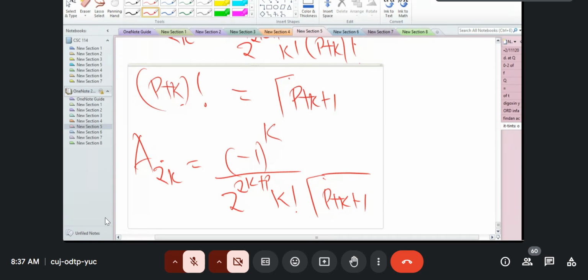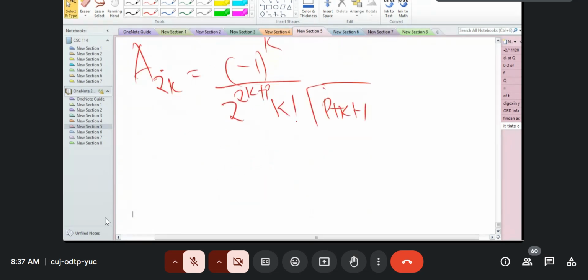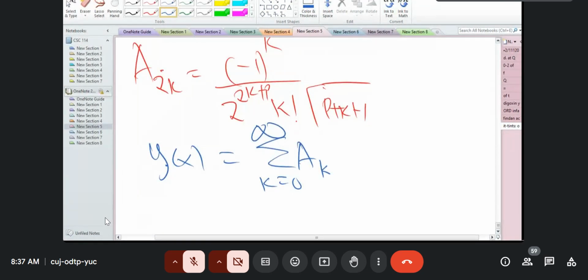We were obtaining a series solution to the Bessel differential equation, and we assumed that y of x is the summation from k is 0 to infinity a sub k x to the k plus s. But on solving the recurrence relation, we noticed that we'll only have even values. So we do not have an a sub k, but instead we have an a sub 2k.